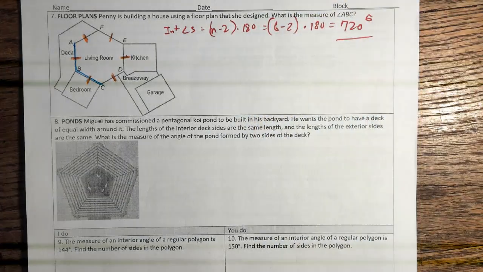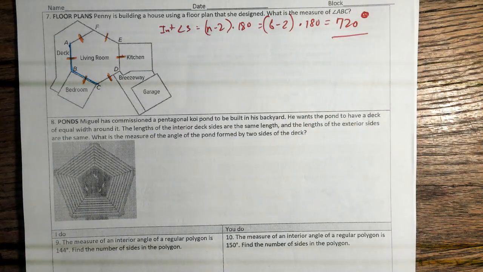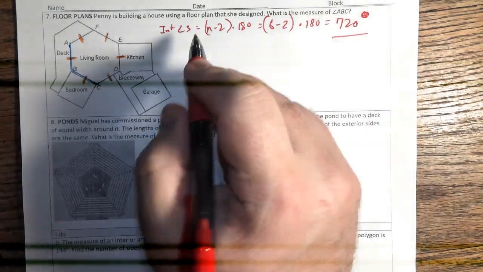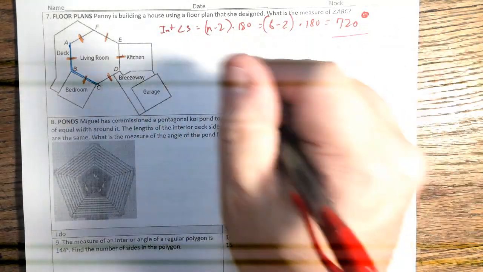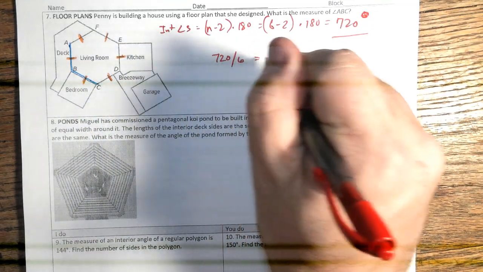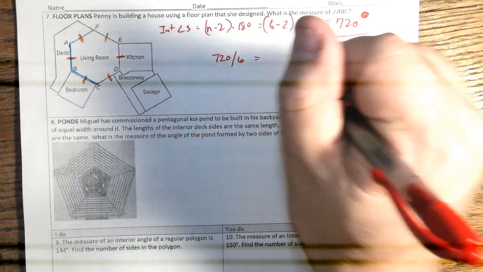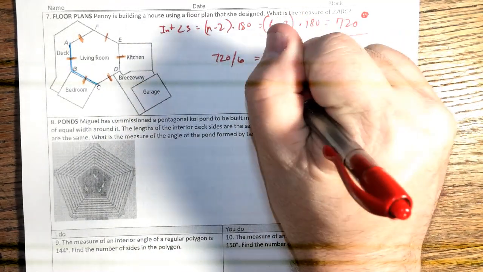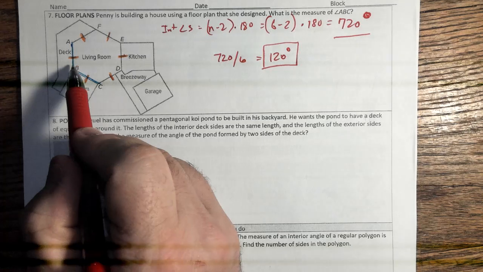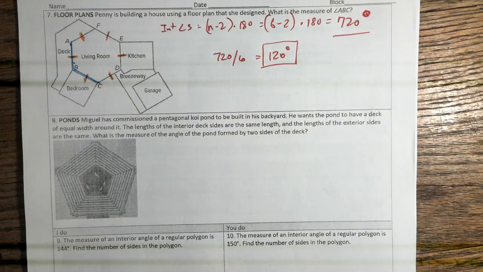We have 6 sides, so we have 6 angles. So 720 divided by the 6 angles gives us 120 degrees. So each of those angles is 120. So ABC is 120. All right, moving on.